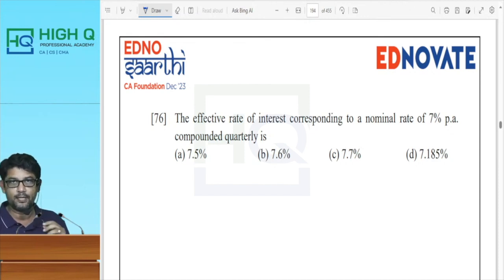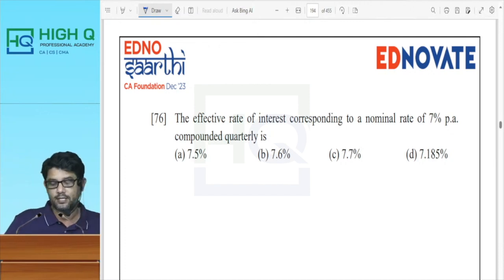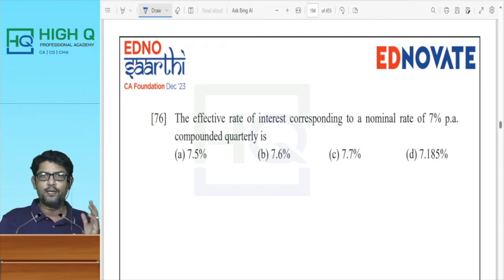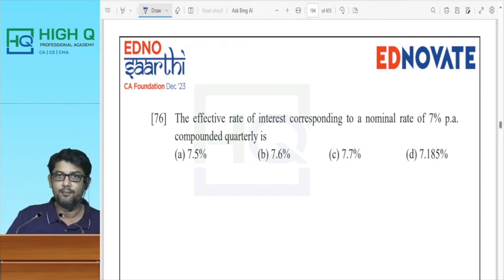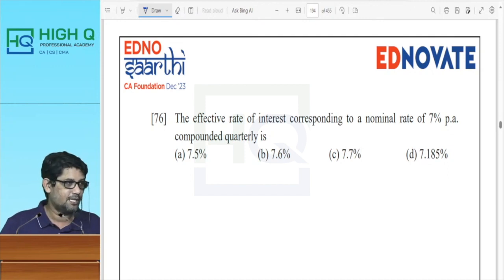So please, these next 2 months, IQ and Innovate is going to give so many things for our CA community, that is CA Foundation students. So please take the benefit out of it, and please try to clear, because this is the last attempt for this old scheme. Don't wait for the new scheme.